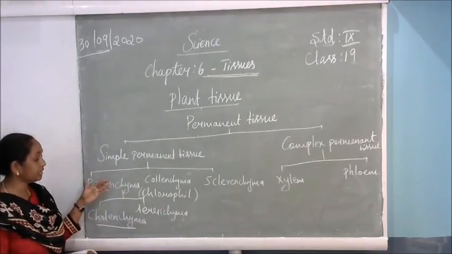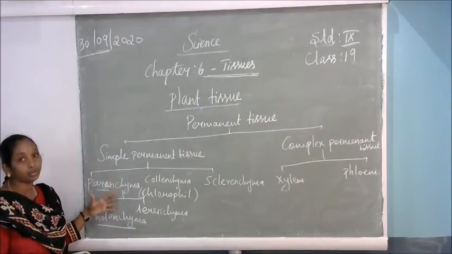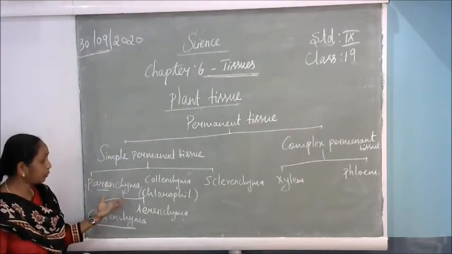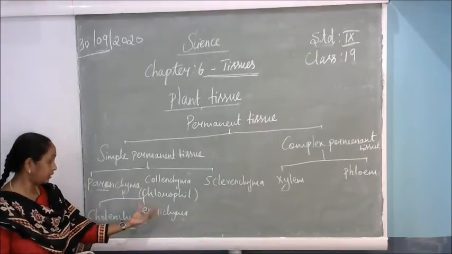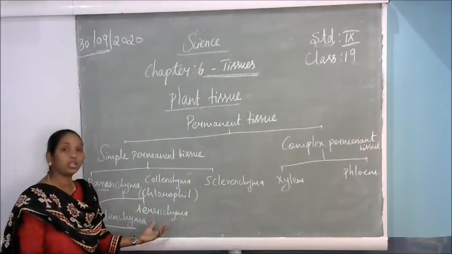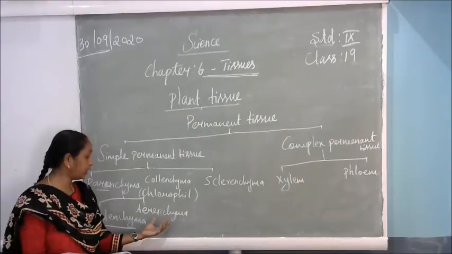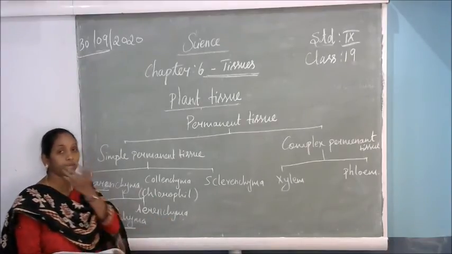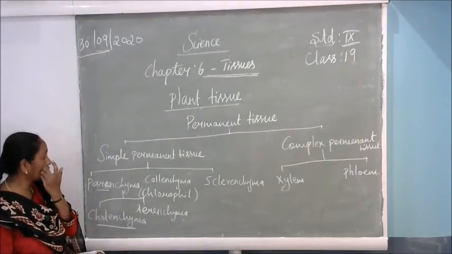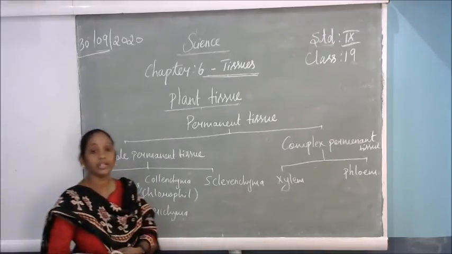So parenchyma tissues are very important for photosynthesis and for making plants float on the water. This is a very important tissue among the simple permanent tissues.